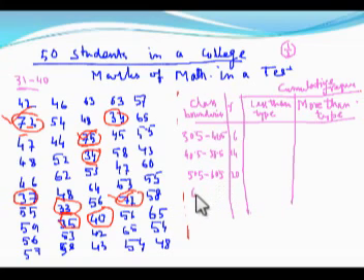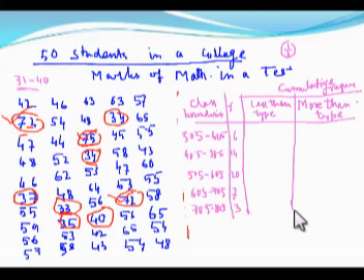Then 60.5 to 70.5, its frequency was 7. Then 70.5 to 80.5, and its frequency was 3.